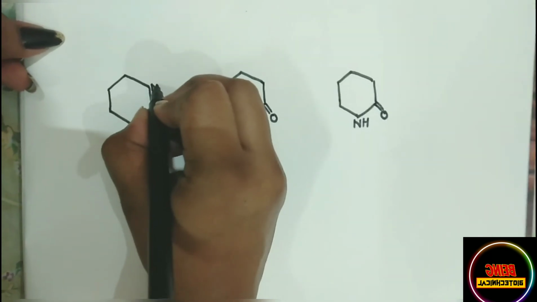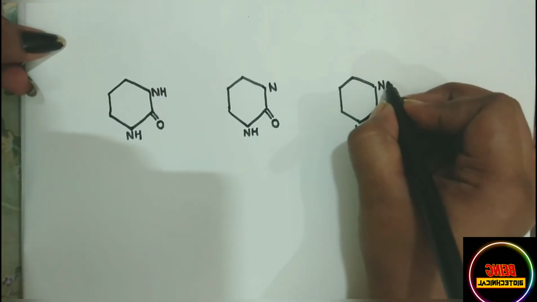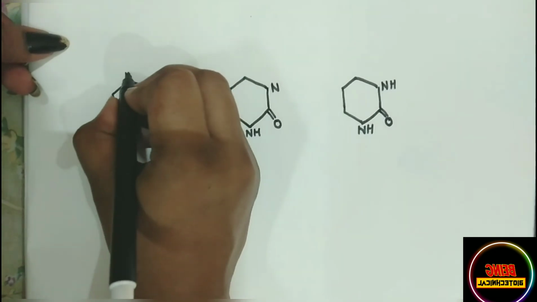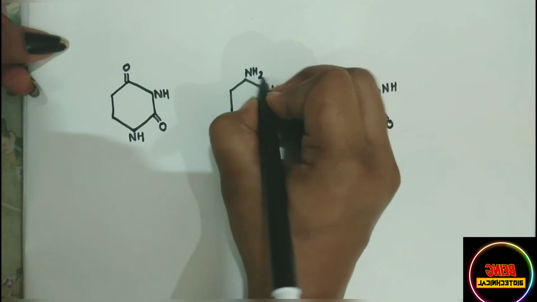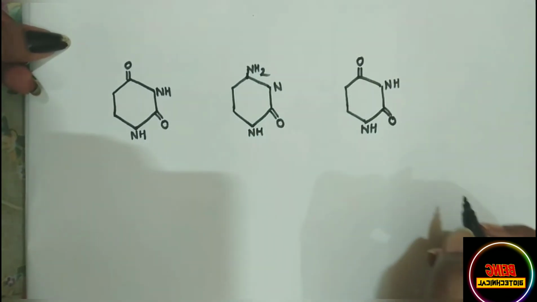Now NH, N, NH. Done. Again double bond O, NH2, double bond O. Done.